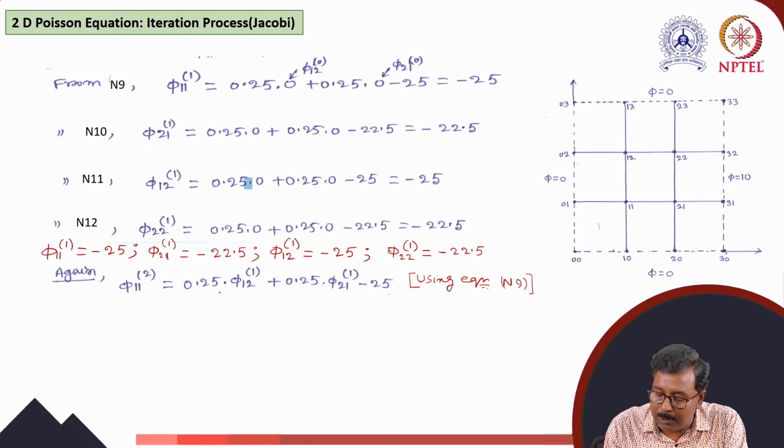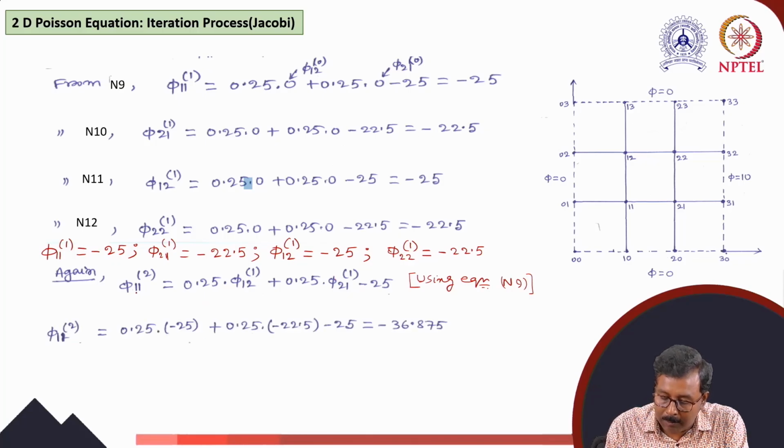So these values will be used. Phi 1 1 2 will be 0.25 into minus 25 plus 0.25 into minus 22.5 minus 25. It will be coming at minus 36.875. We have calculated. So this value is the second iteration value of phi 1 1.